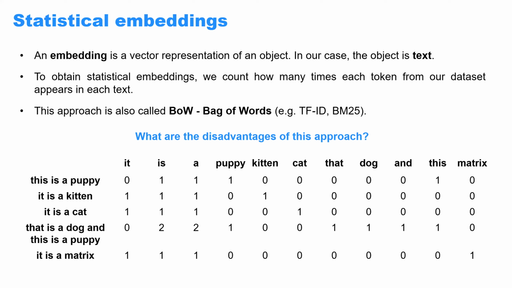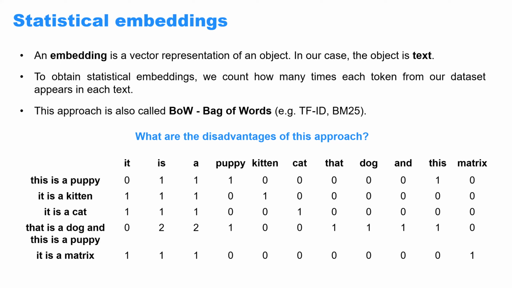Now we'll talk about how we'll encode these tokens, these pieces of text. The simplest way is to use statistical embeddings, so just count word occurrences in our text. We create a matrix that has the shape of the number of texts by unique tokens.